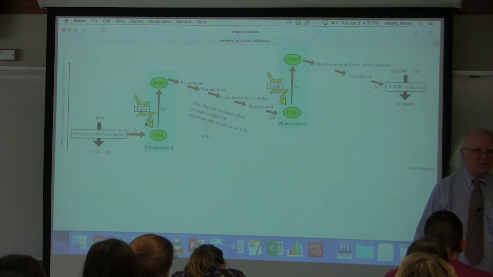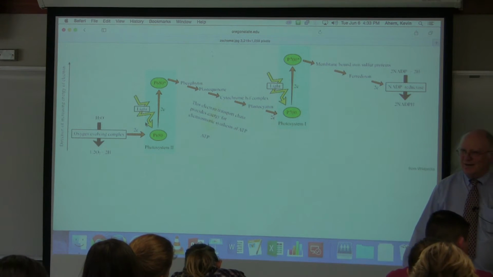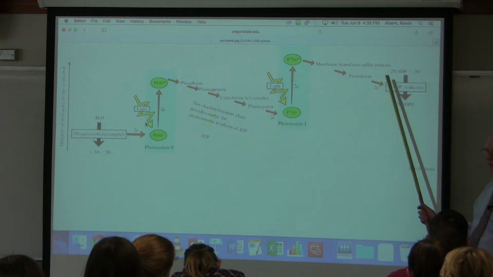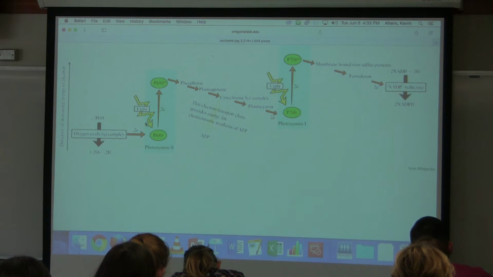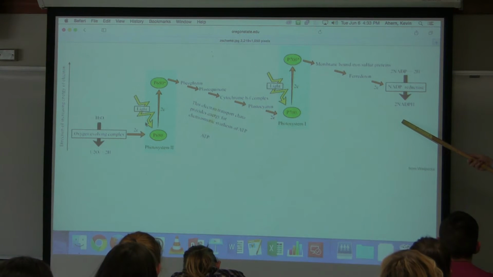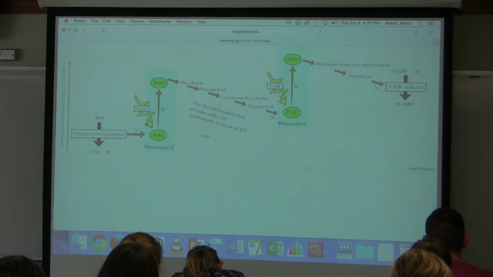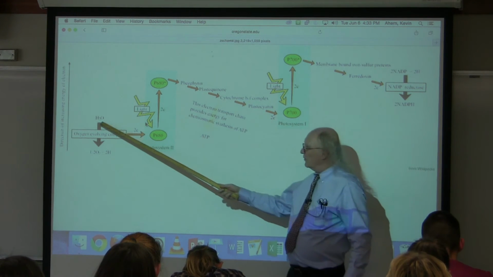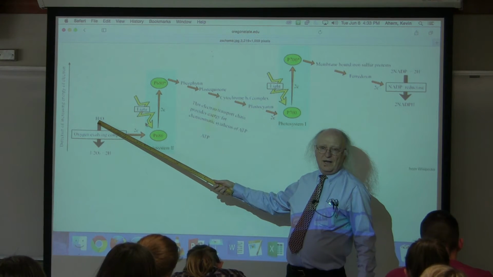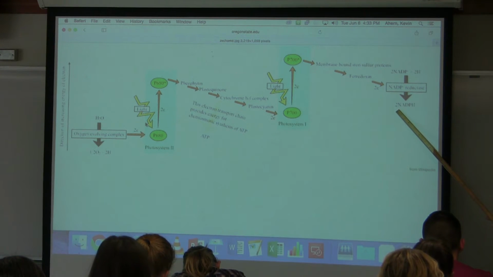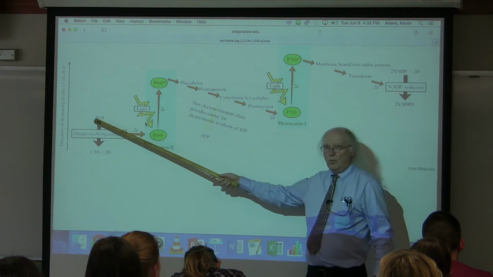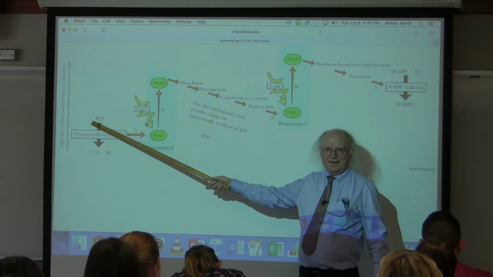Oxygen. And what's the product? Water, right? And here, what's the acceptor of the electrons? NADP. And what's the product? NADPH. So in this process, we're making an electron carrier, and we're starting with water. In oxidative phosphorylation, we're starting with an electron carrier, and we're ending up with water, right?